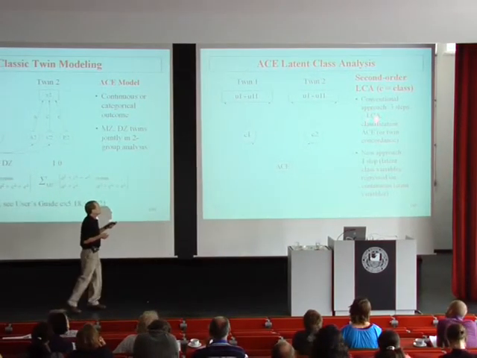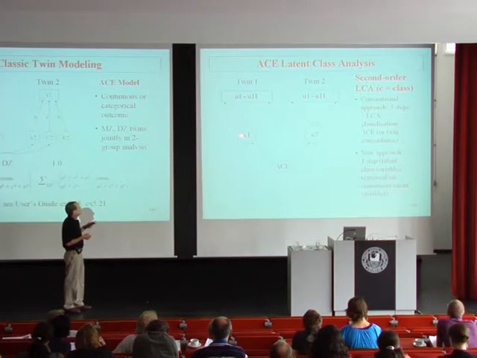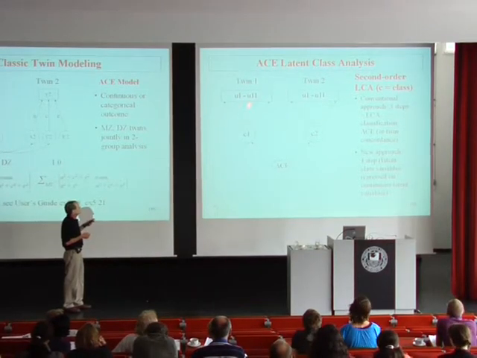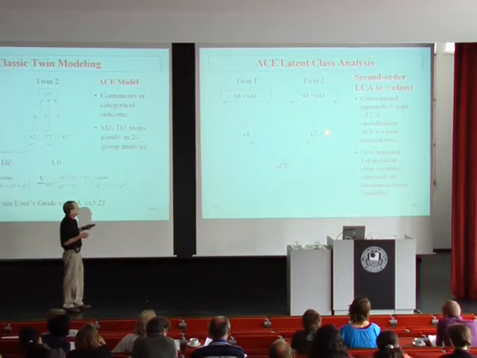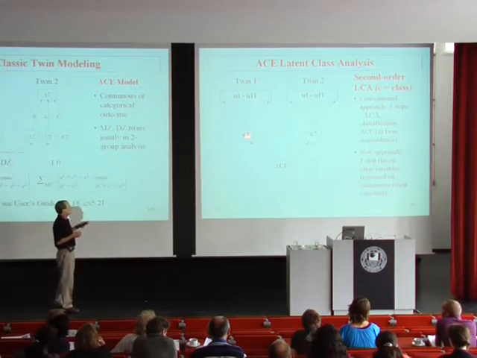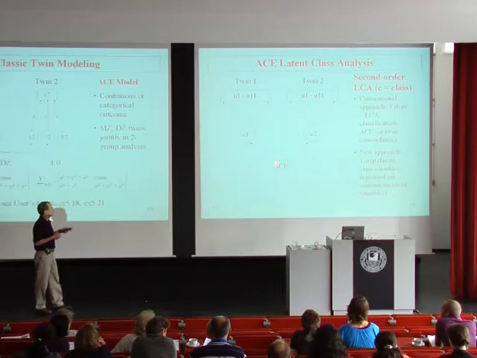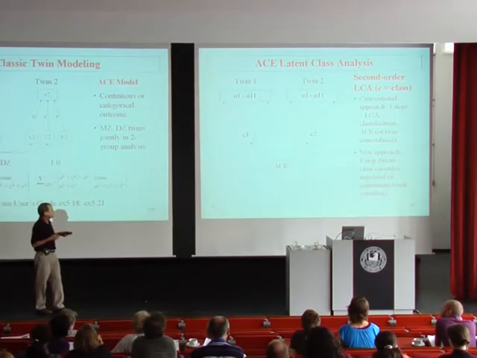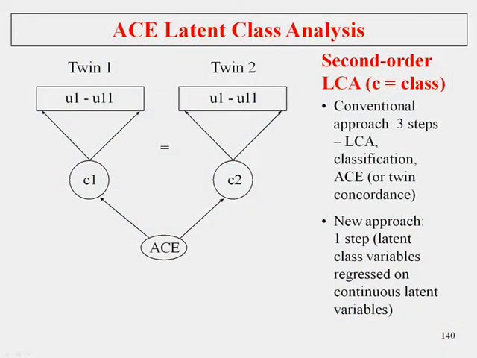The conventional approach is three steps. You do a latent class analysis, then you classify people into most likely class, and then you look at the twin concordance, the agreement, or you do this ACE decomposition. But what I'm talking about here is a new approach where you can do it in one single step.